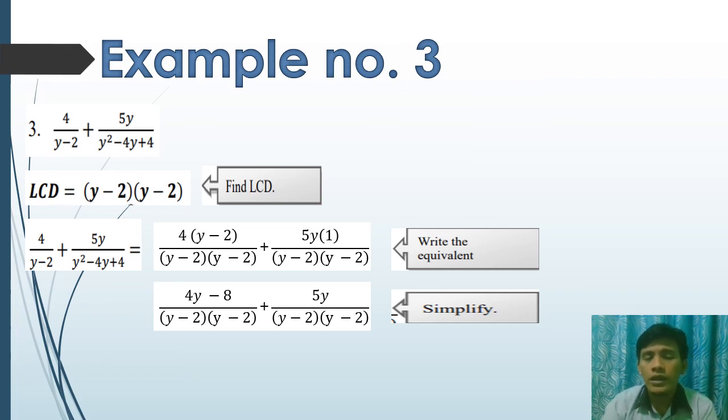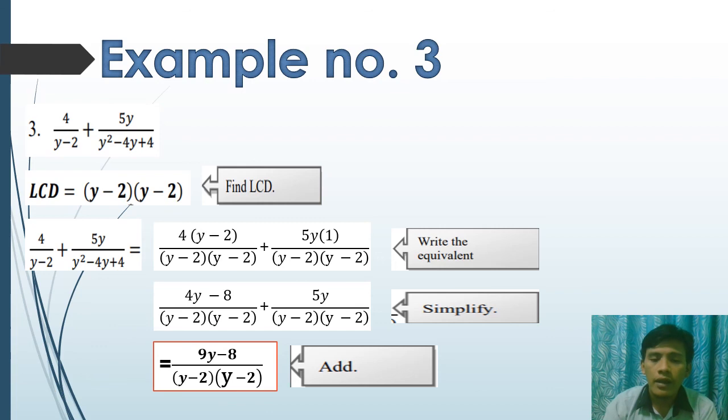So both denominators are already similar. So we will add all the numerators. 4y plus 5y is 9y, minus 8 over the quantity y minus 2. The given answer is already in simplest form, and there's no need for you to reduce that. And that will be our final answer.